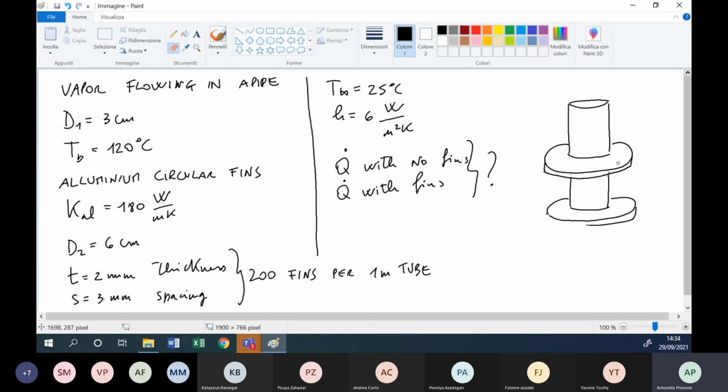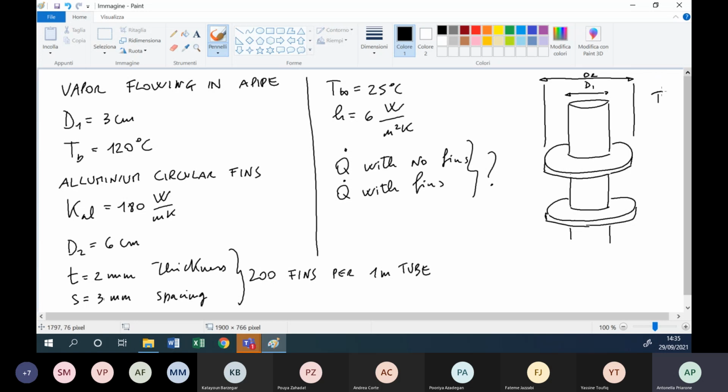But now, using this electronic device, it's not so easy to do a good sketch. So D1 is the diameter of the pipe without fins. D2 is the diameter with the finned surface.